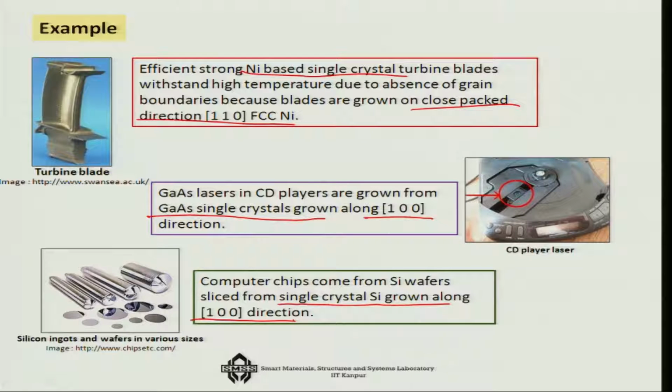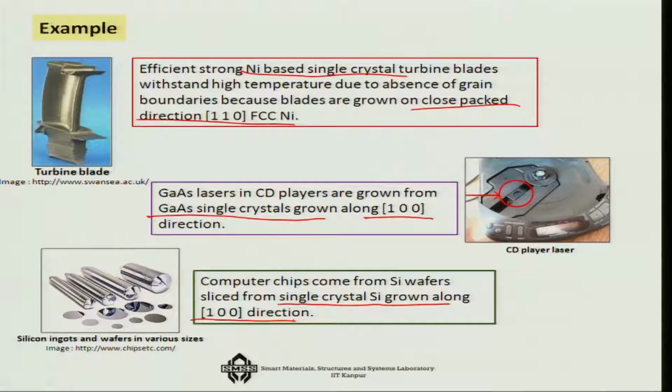So, direction plays a very important role in the mechanical and other material properties, and hence we need to define a system of direction and a system of plane. That is the motivation for discussing the Miller index.